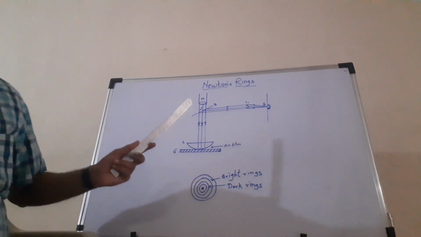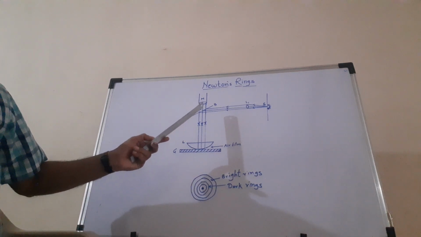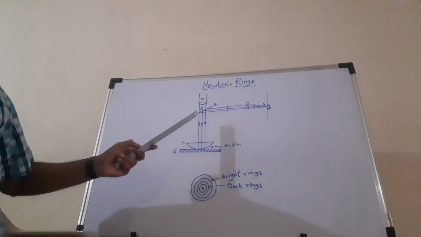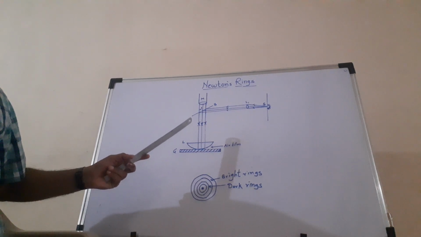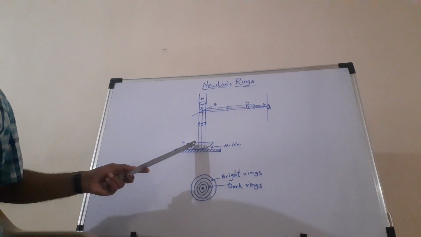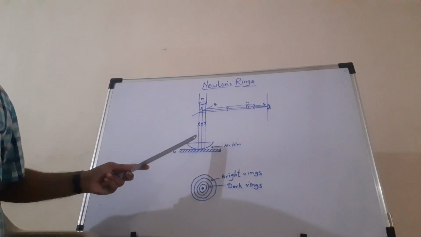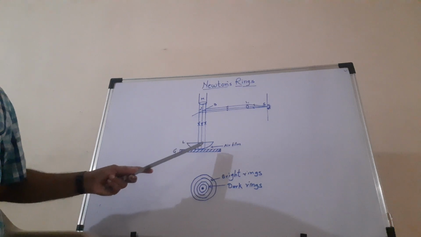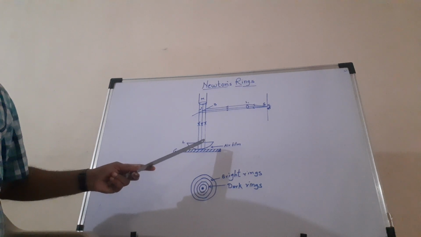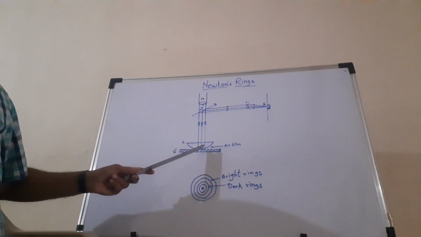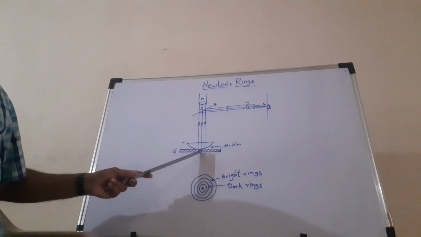When a plano-convex lens of long focal length is placed on a plain glass plate, a thin film of air is enclosed between the lower surface of the lens and the upper surface of the plain glass plate.